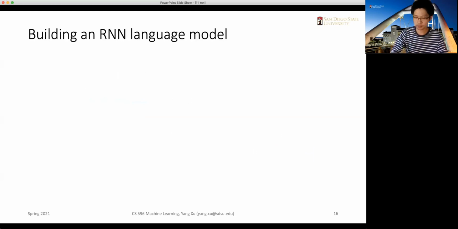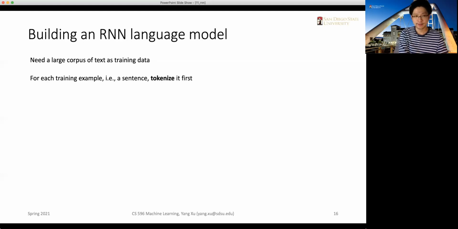All right. Let's see how we can build an RNN-based language model. Of course, we will need a large corpus as a training data set. For each sentence, we will first tokenize it. To tokenize a sentence means we split a string of words into a list of words.